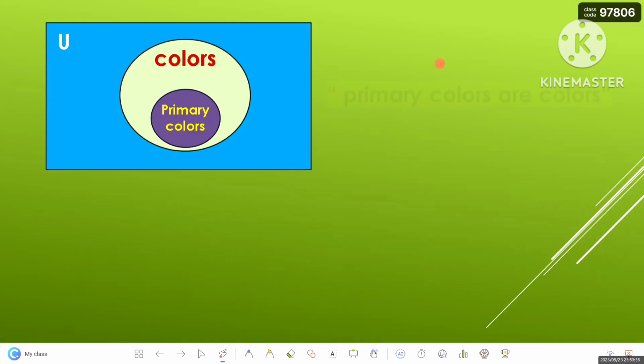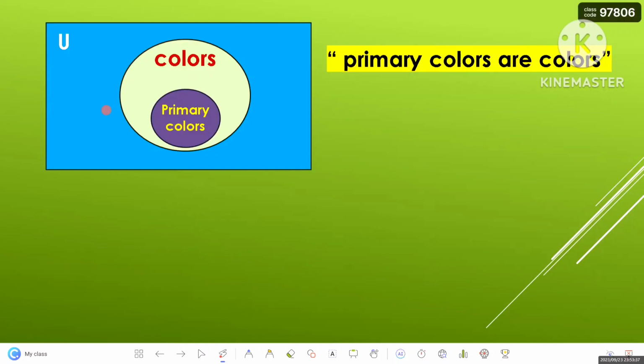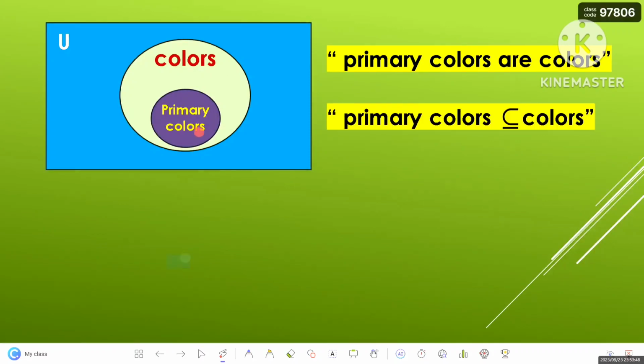To find out the subset, we answer: primary colors are always colors, or the primary colors are colors. So the primary colors are a subset of colors, because we see that they are still inside colors.